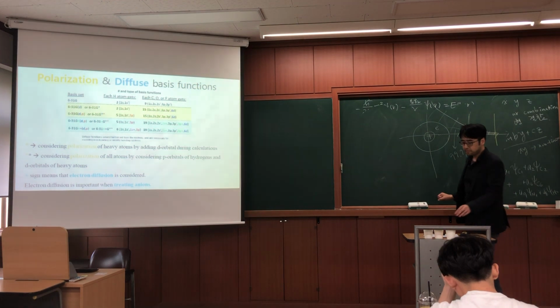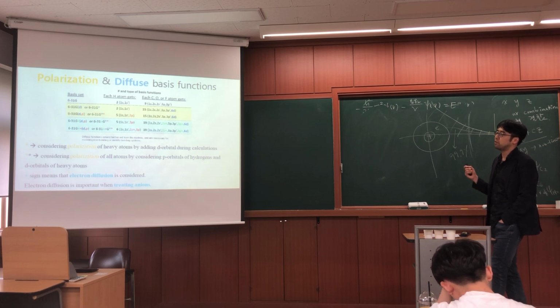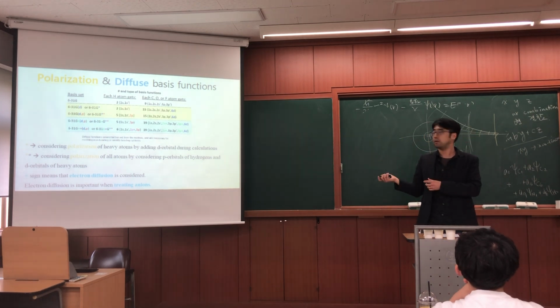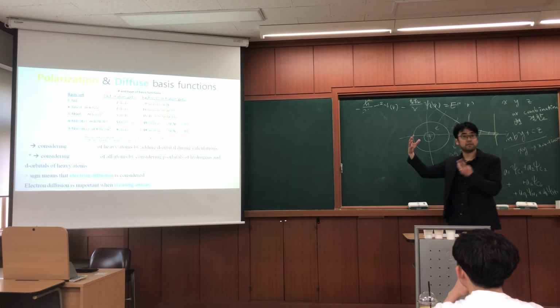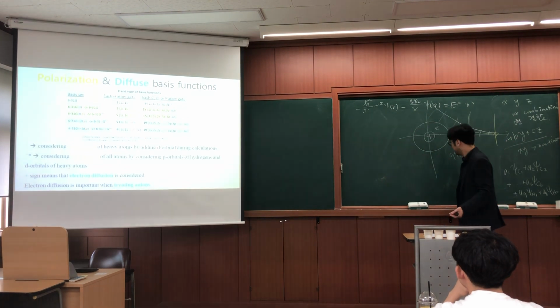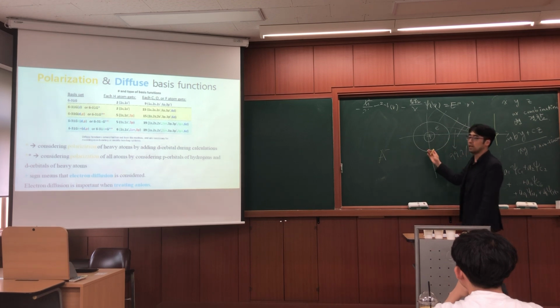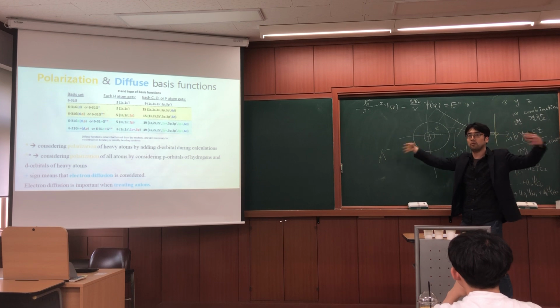This kind of diffusion function is sometimes important, sometimes not important. But usually it is important when your atom is very large and when your atom is an ion, because anions have more electrons than usual, so their electrons are more spread out.